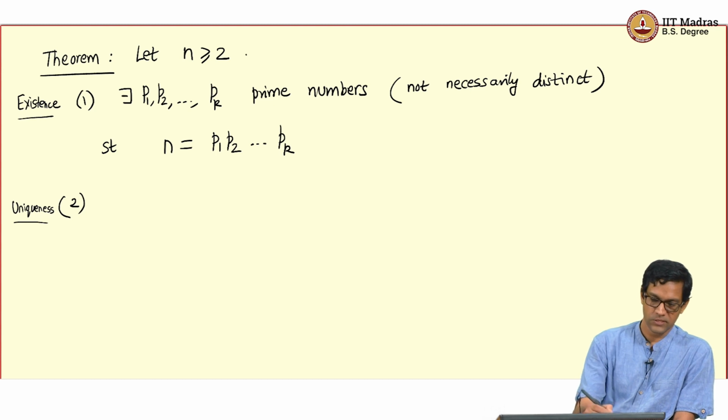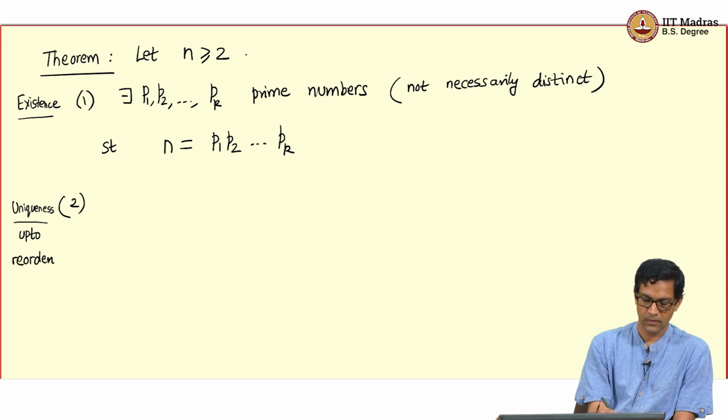So there is a similar statement here. Let me just say it is these primes which occur, there is uniqueness up to reordering. This is sort of how one states this. But one has to write this out formally a bit carefully.